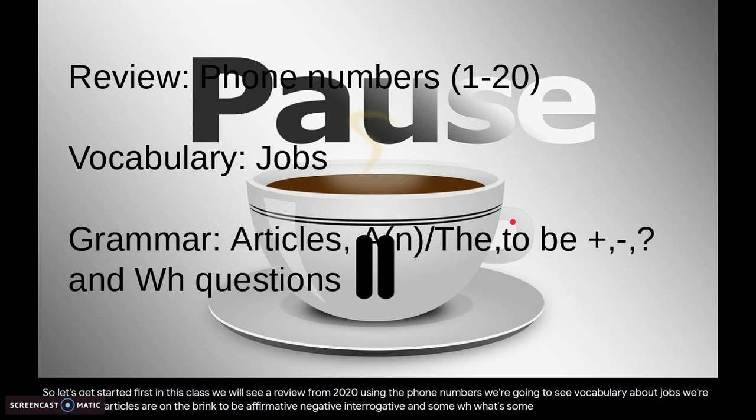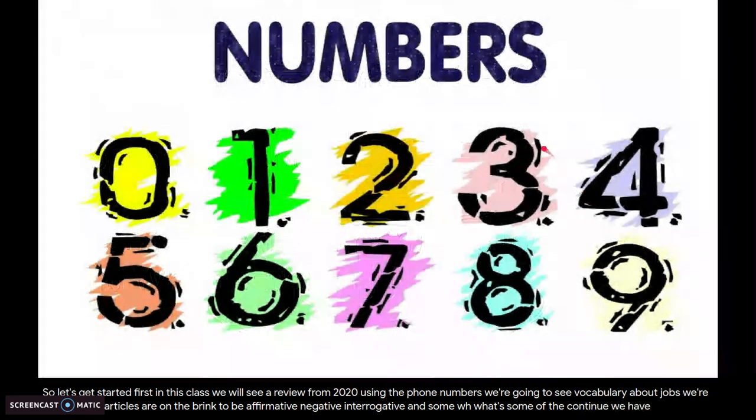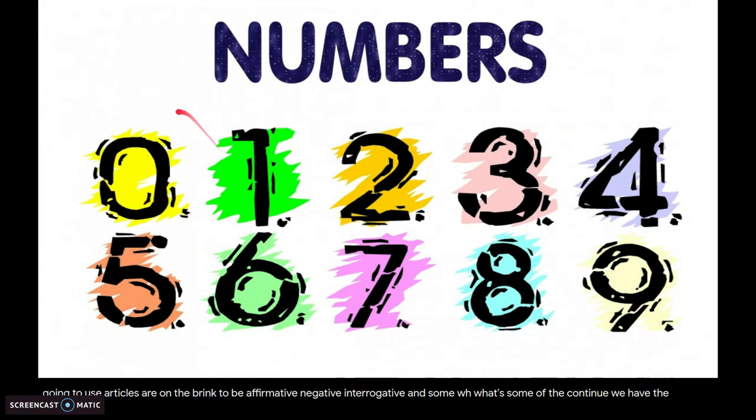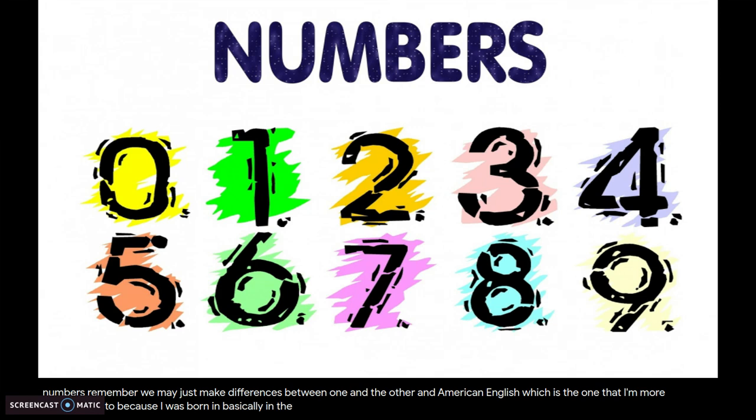So if we continue, we have the numbers. Remember, we just make differences between one and the other. In American English, which is the one that I'm more accustomed to because I was born basically in the borderland between Mexico and the United States, so that's my most common form of pronunciation because it's native-like for me.